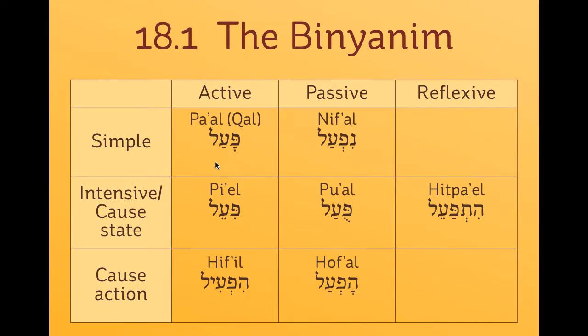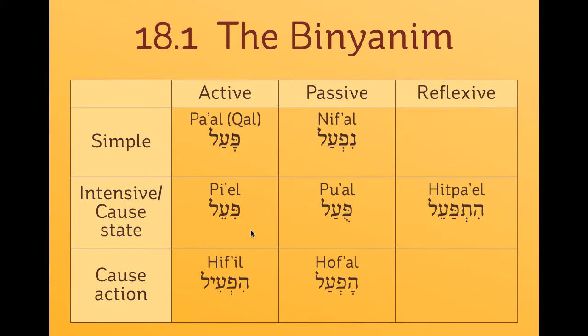So other verbs in this binyan sound like pa'al with an a vowel pattern. For example, halach, to walk, shalach, to send, or achal, to eat. Similarly, other verbs in this binyan sound like nif'al, like nilcham.